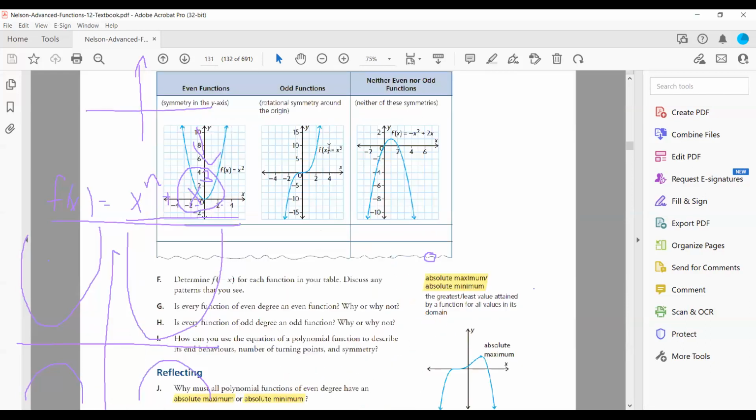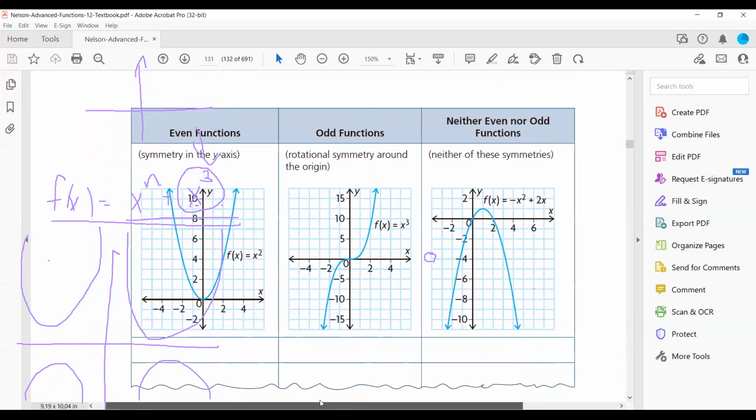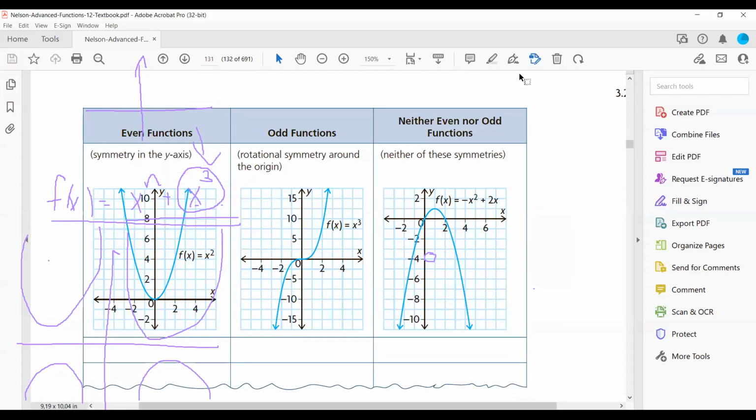Here, you see, the degree of this function is even, but it is not an even function. And it's not an odd function as well.